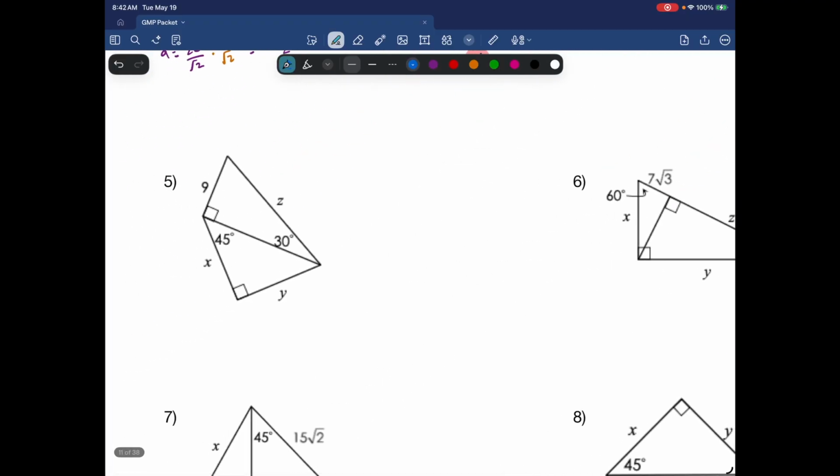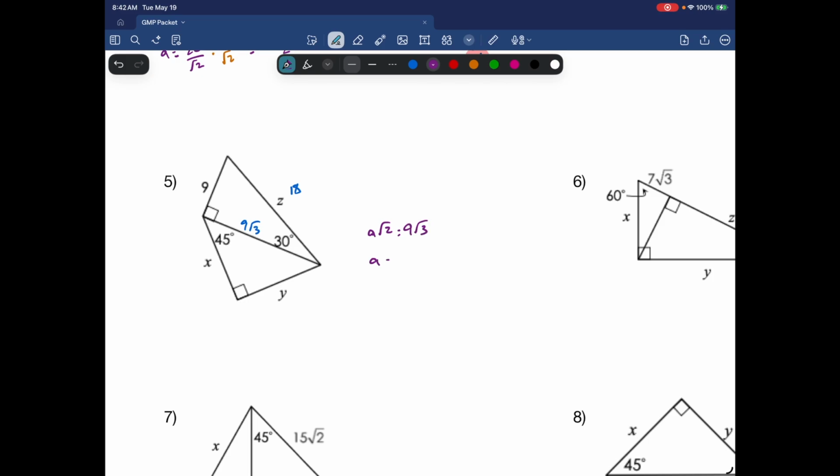All right, starting with number 5, we started to get into these more complex triangles. You just kind of want to piece it together with what you know. I know this side is 9, so this must be 18 right here, which would be 9 square root of 3. Then you do your little calculation here. A square root of 2 equals 9 square root of 3.